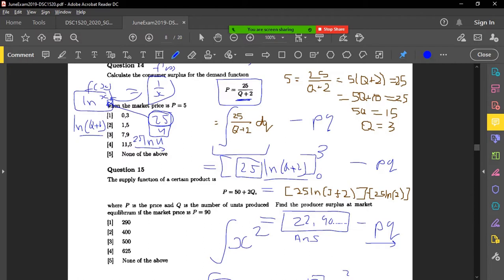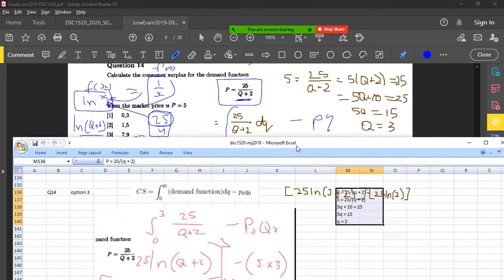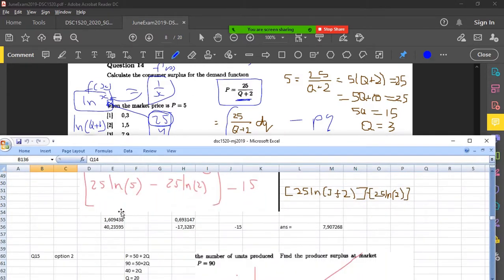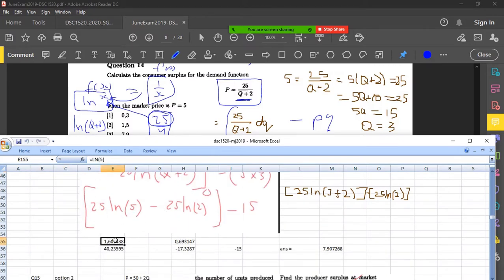The price is 5 times 3, which is 15. So 22.907268 minus 15 gives you 7.90726. Yes, option 3. Question 14, just to double check: option 3 is correct. Same working, same calculation, same answer. Good.